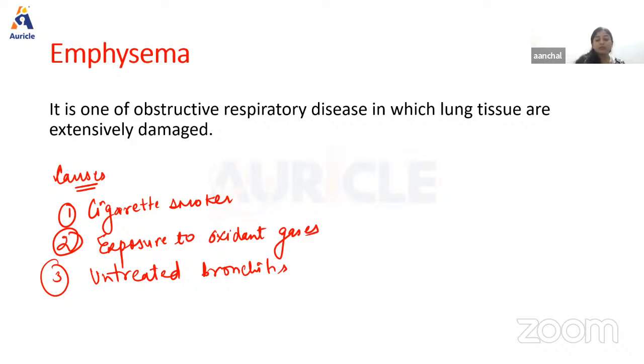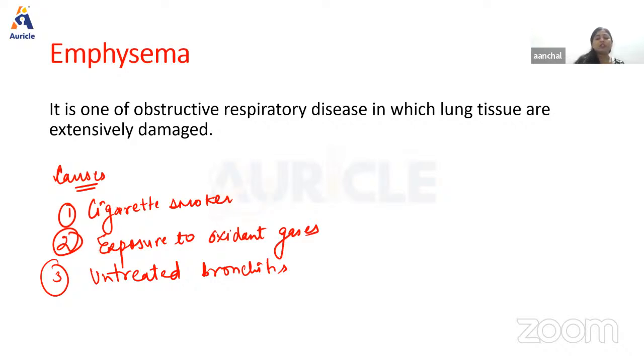In emphysema, airway resistance increases several times due to bronchiolar obstruction, so the movement of air through the respiratory passage becomes very difficult, and it is more pronounced during expiration. Also due to destruction of alveolar membrane and elastic tissue, the lungs become loose and floppy, so the diffusing capacity reduces to a great extent, lung compliance decreases and the aeration of blood gets impaired.